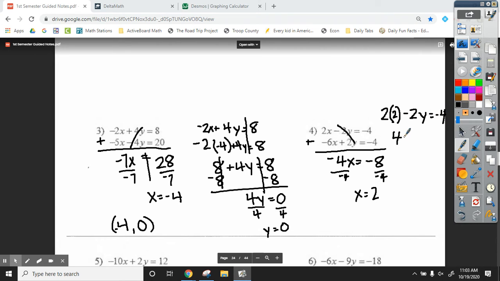We'll get 4 minus 2y equals -4. We subtract 4 on both sides, and we'll get -2y equals -8. We divide by -2 to get y by itself, and y will equal +4. So our x value is 2, our y value is 4.